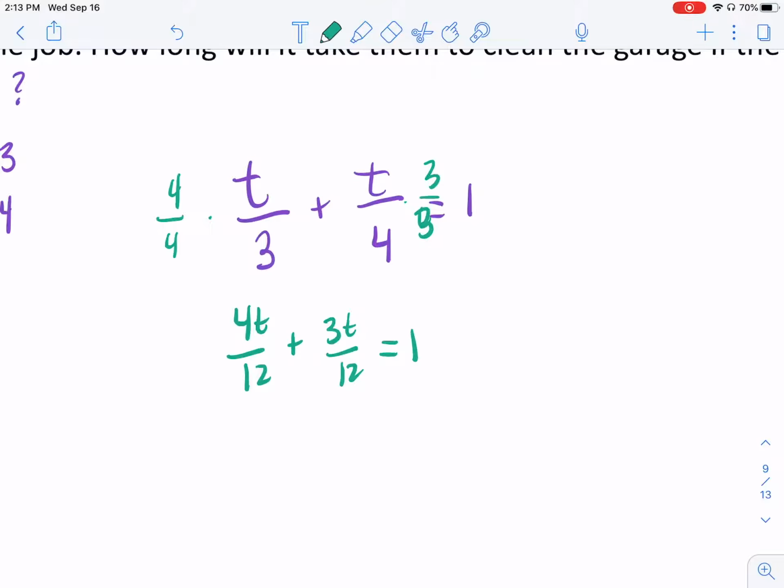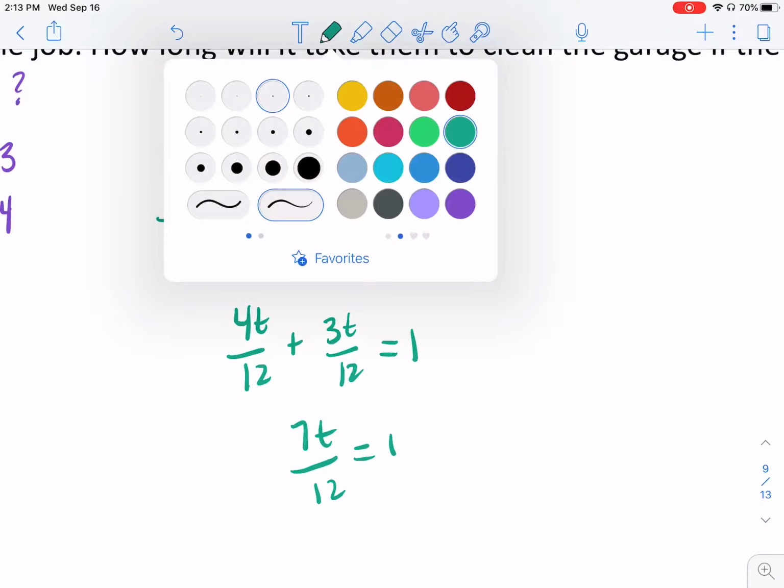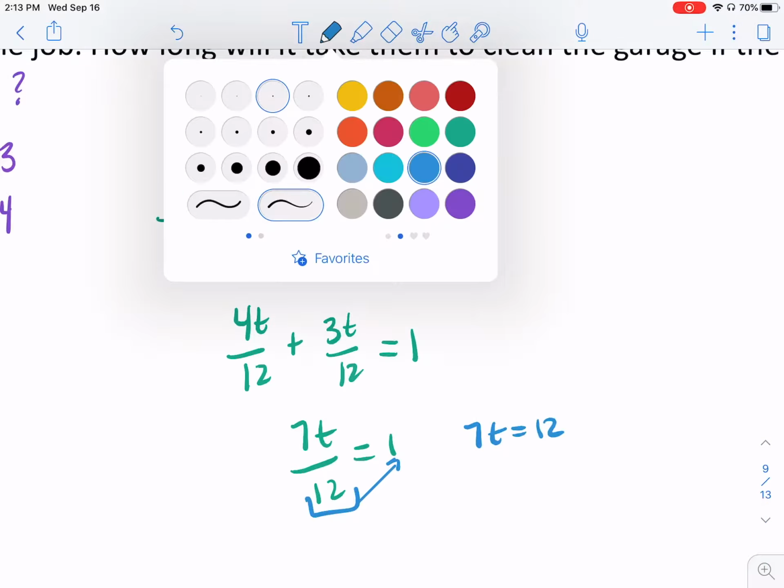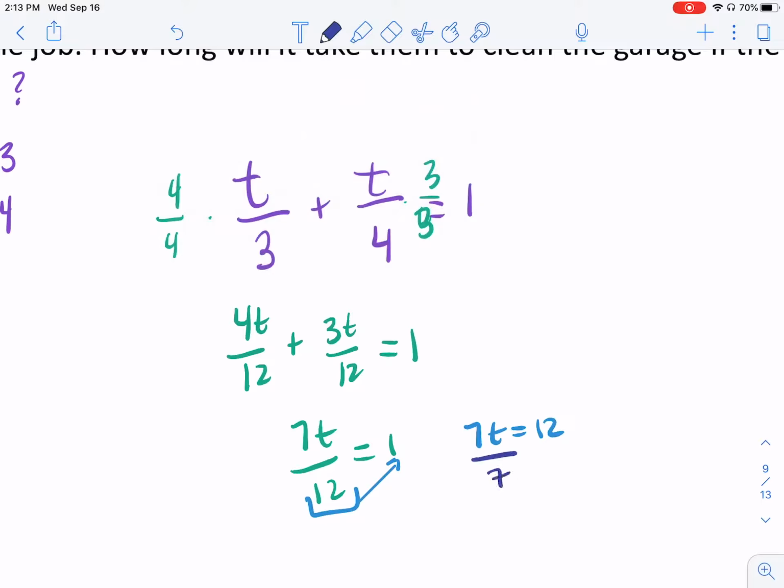Now that they have a common denominator, I can add. So 4t plus 3t is 7t. So now we're down to 1 fraction, 1 fraction. We know then in order to solve this, we cross multiply. That gives me 7t equals 12. Now I'm ready to solve, so I can divide both sides by 7. And we get t equals 1.71 hours.